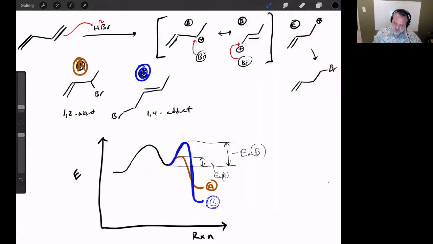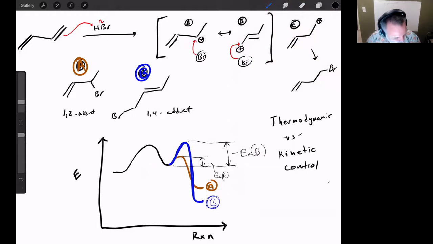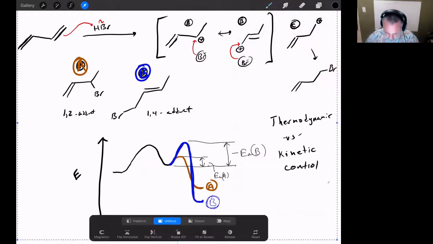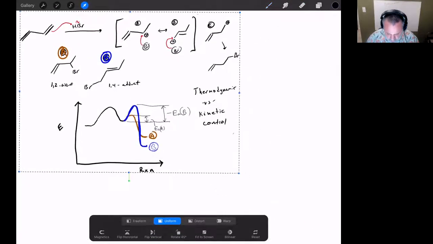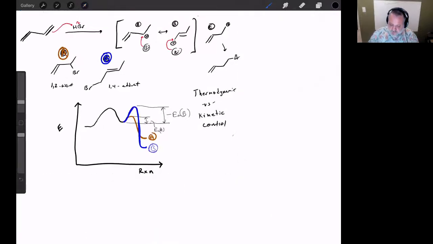Now, let's talk about thermodynamic and kinetic control. And I want to use that space here and let's talk about it.